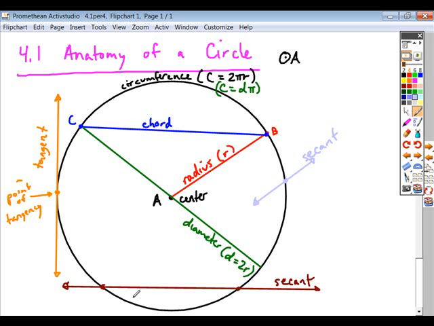All right, in addition to these straight segments, as far as the anatomy of a circle is concerned, you also need to be aware of some curved segments. So if you're looking at the curved segments of a circle, a portion of the circle's circumference is called an arc.